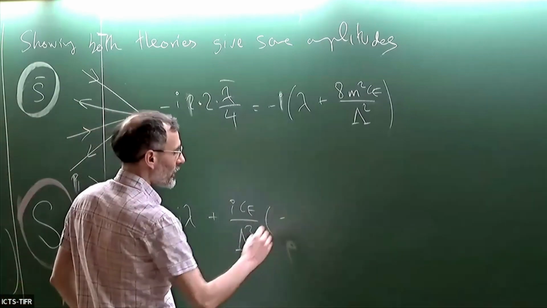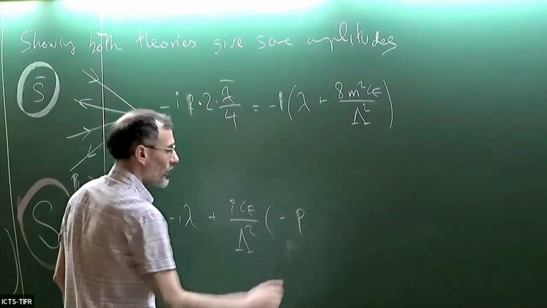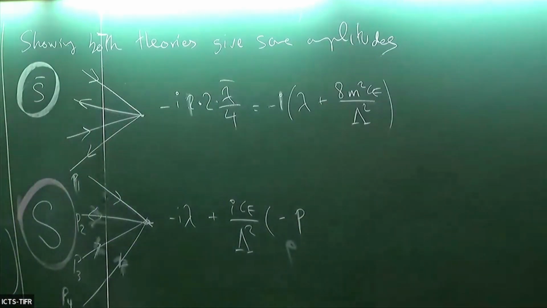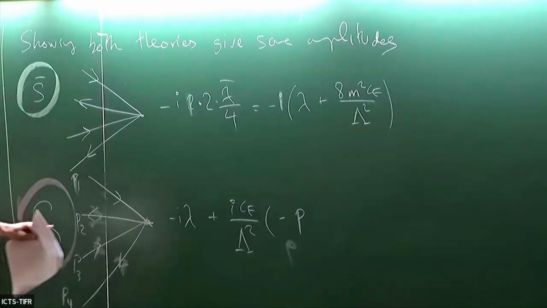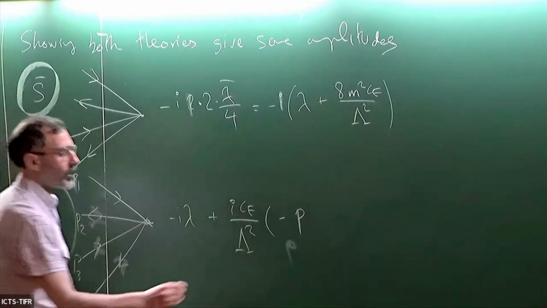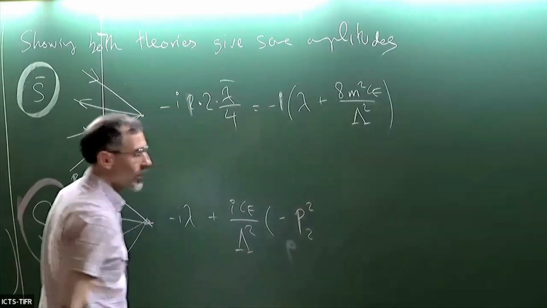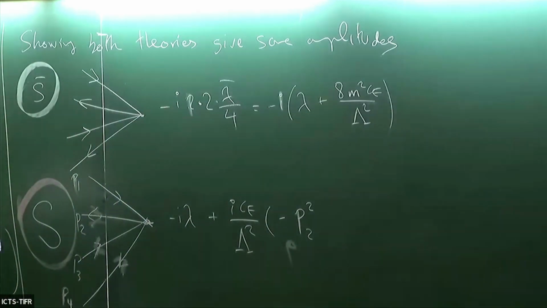We'll have minus the momenta of, again, we have to symmetrize in here, one of the antiparticles, let's say P2 squared. But it could also be the other one, no? In all of these combinatorics, that's what you're doing.